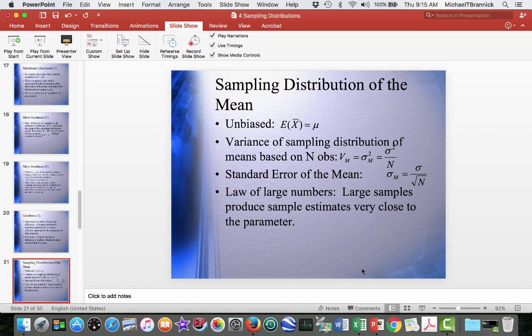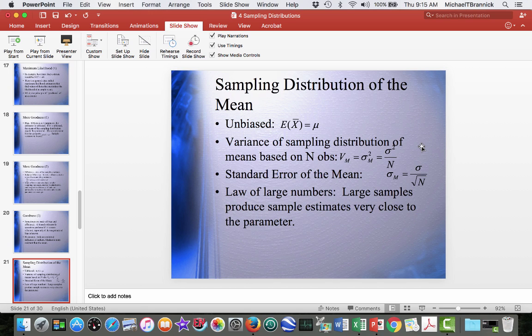Here sigma squared is the variance of the raw data. The variance of the sampling distribution of the mean will be that variance divided by n, where n is the sample size.